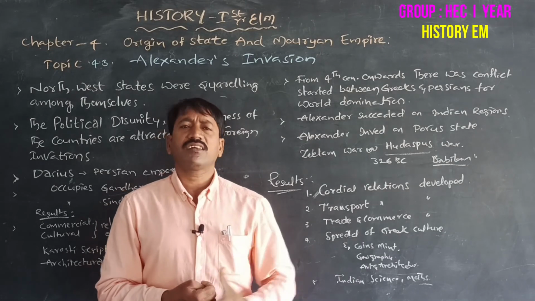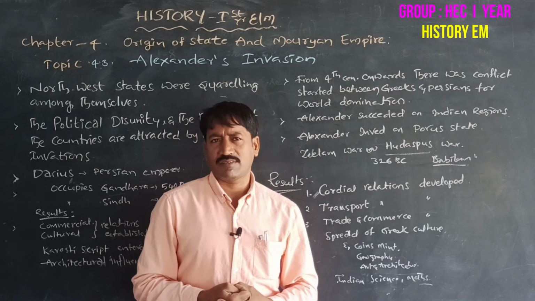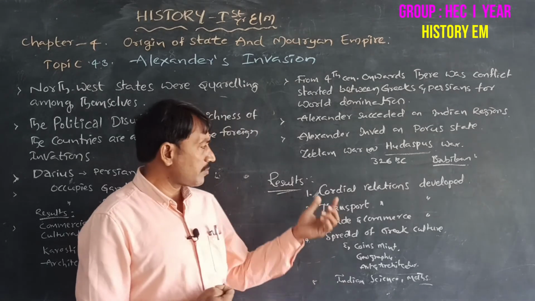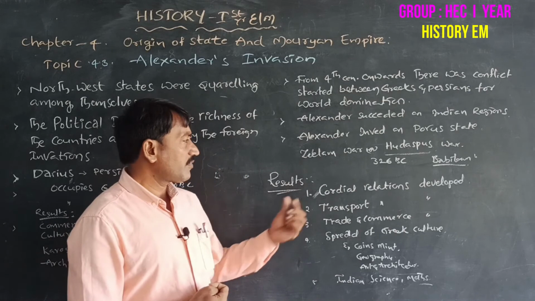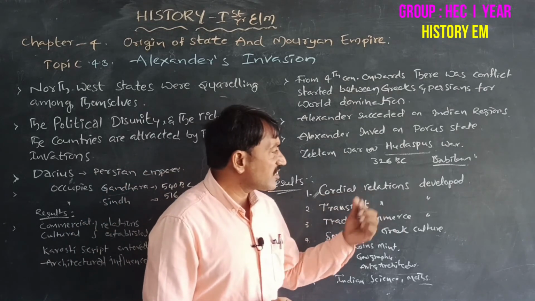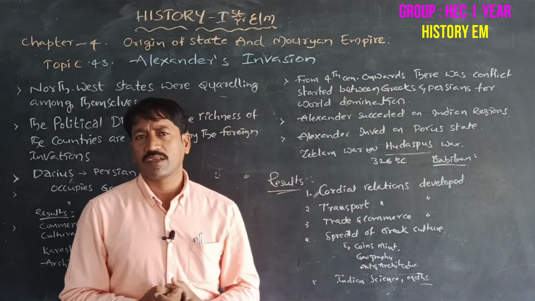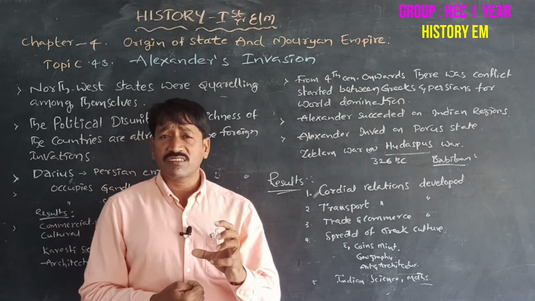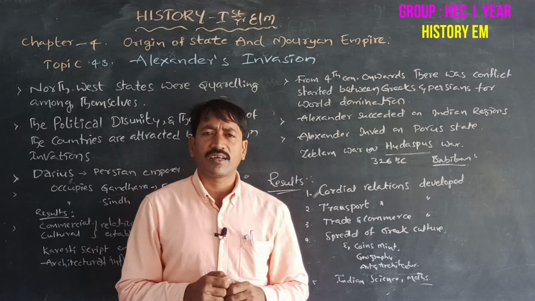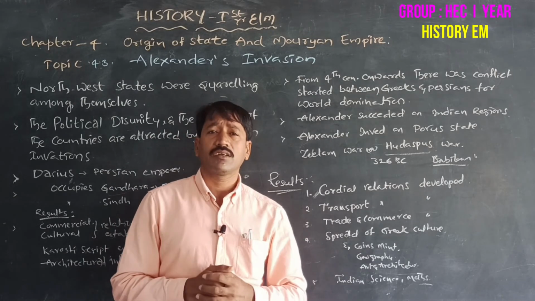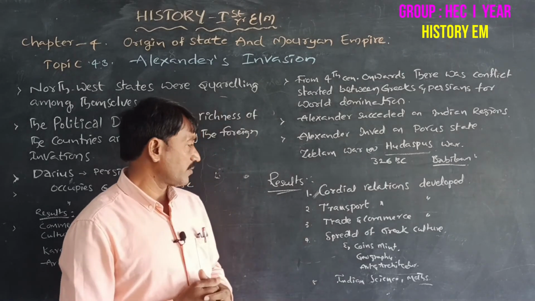So what are the results of Alexander's invasions? I mentioned some key points on the board. Write them down, students. The first one is cordial relations developed between Europe and India. This is the first time in Indian history.